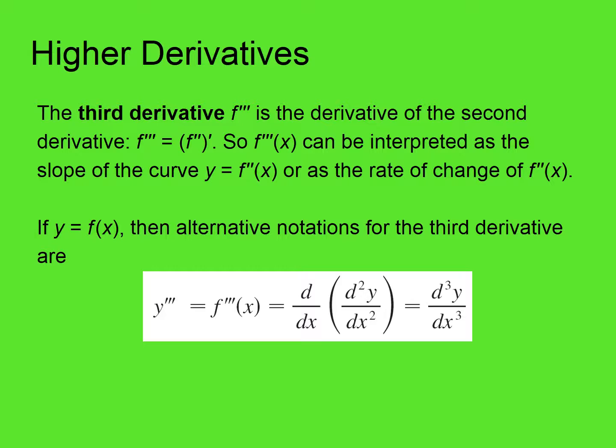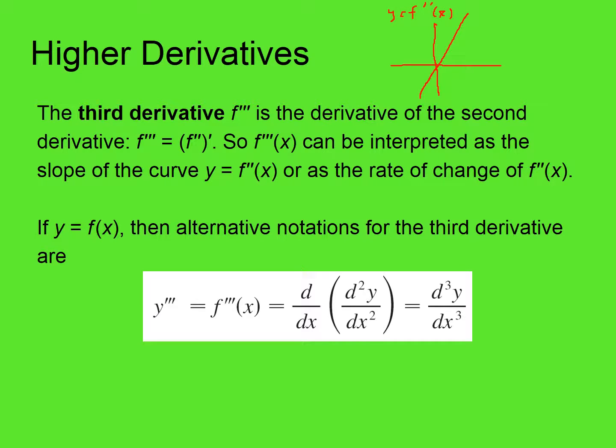So if we were going to have a graph of that, it must be a horizontal line for the graph of f triple prime. We had a graph of the green line that looks something like that, y equals f double prime of x.